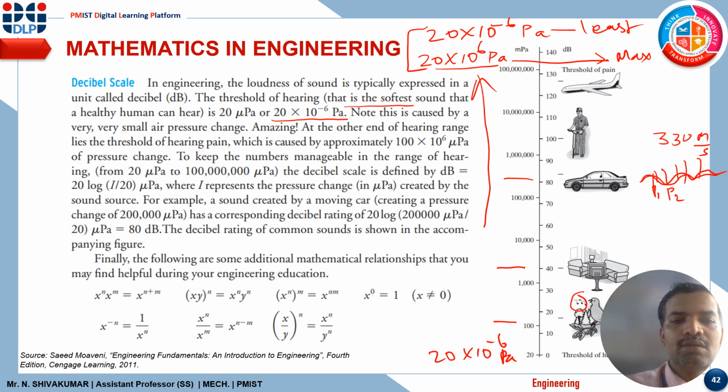Now, how is the decibel scale defined? It is defined by a formula, 20 log I by 20 micropascal. What is I? That is the environmental sound pressure. Using this formula we can find a value, that is the decibel. So this is all about the decibel scale.